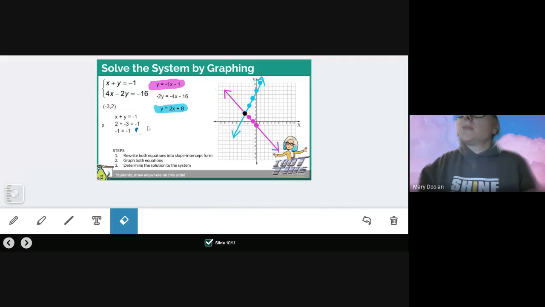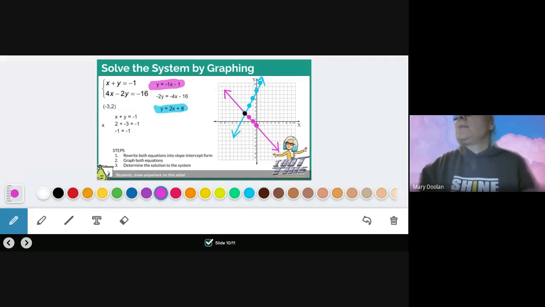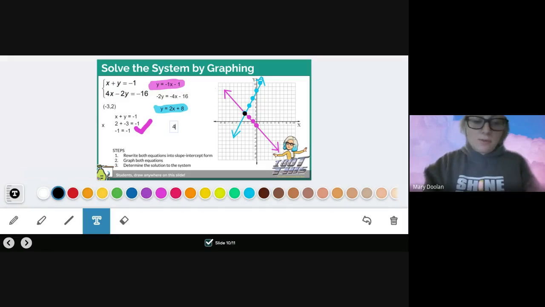Maybe just to be consistent, I'll do my check mark in the same color. It works. Then I'm going to try the other equation, 4x minus 2y equals negative 16, replacing the x with negative 3.